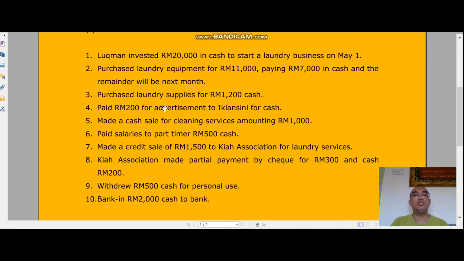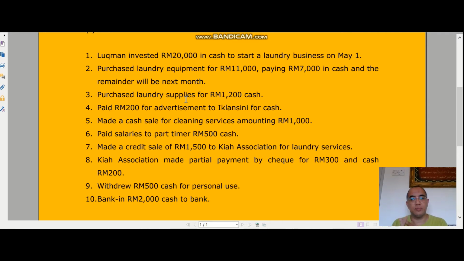Next is purchase laundry supplies for 1,000 in cash. Of course, we can see here when he made a purchase of supplies, this is inventory, but after this we will not use the word inventory anymore. So I will put this purchase as the cost of sales. So in the business we have cost. Of course, we have revenue and cost. Then we can get a profit. So the cost is being divided into two.